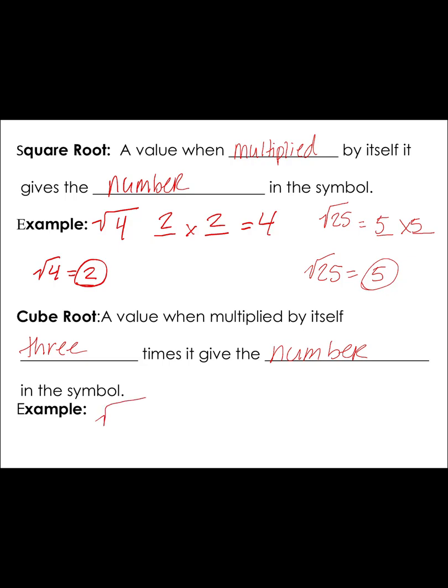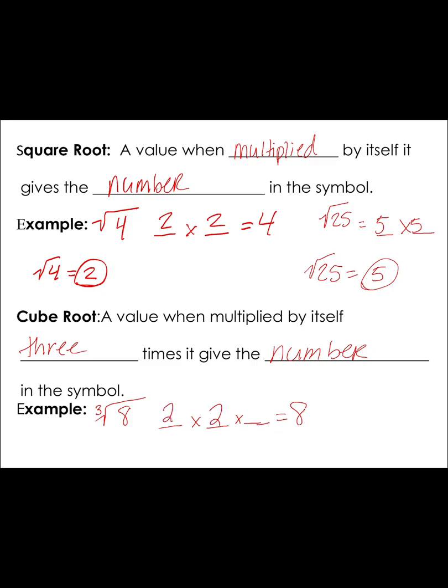So our cubed root sign, we still have our radical sign, but we have a little 3 perched up there. Okay? So let's think about the number 8. So one number multiplied by itself 3 times is going to give you the number 8.